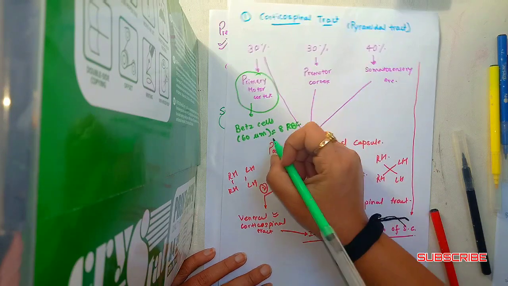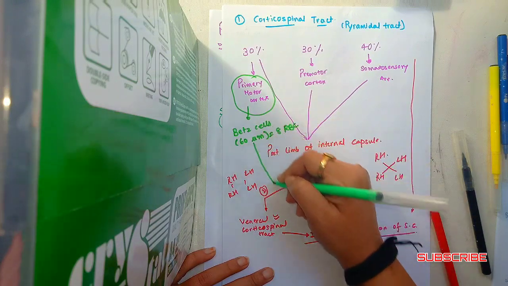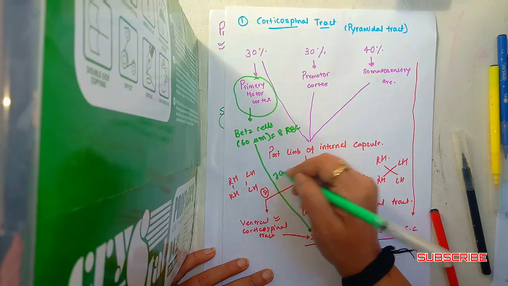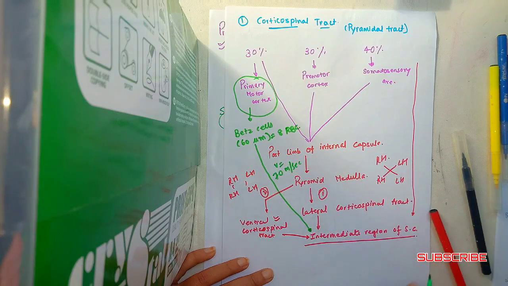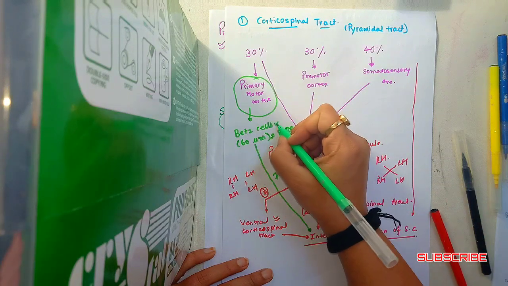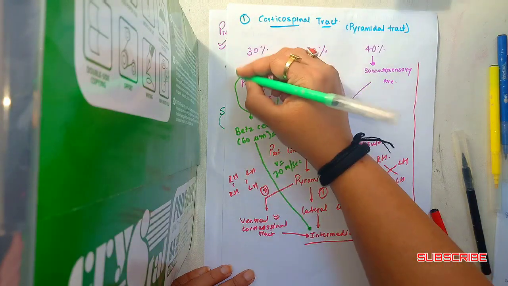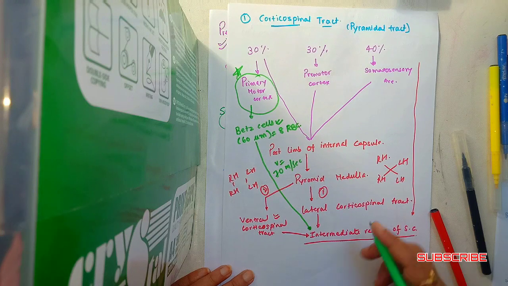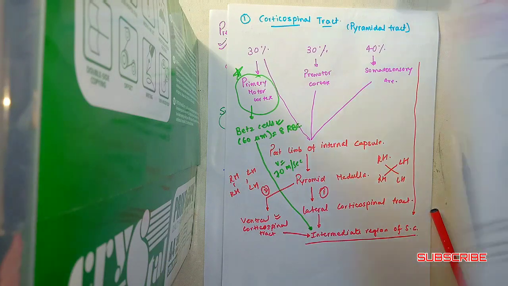So you can understand how large beta cells are, and they directly transmit to the intermediate region of the spinal cord with a velocity of 70 meters per second. So these cells are very important and big cells that are found only in the primary motor cortex, and they directly transmit to the intermediate region of the spinal cord. Okay, then let me show you in a diagram.